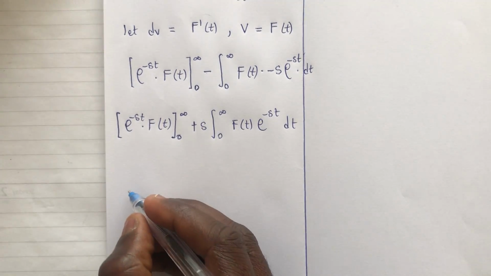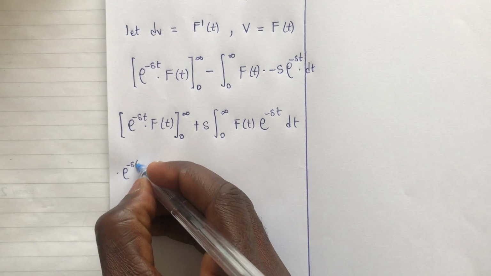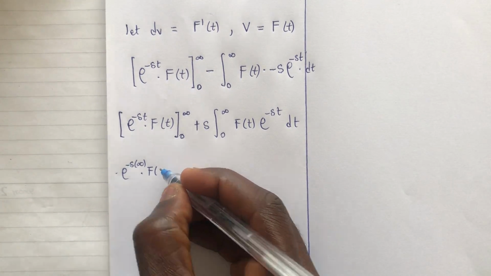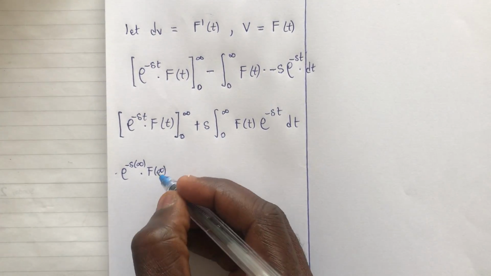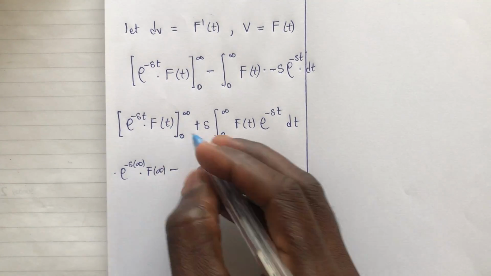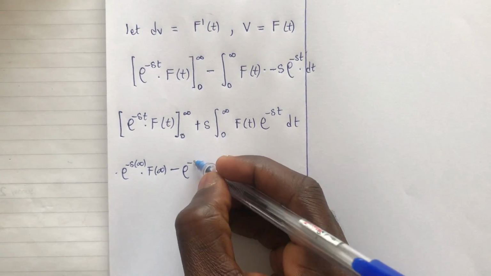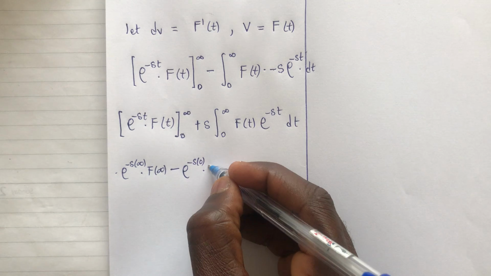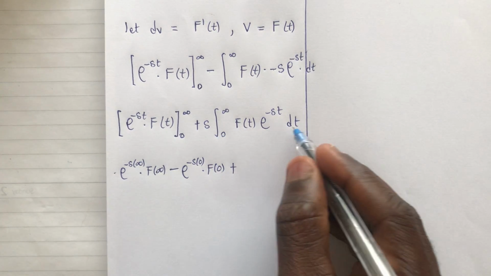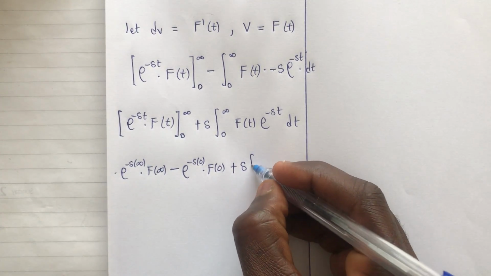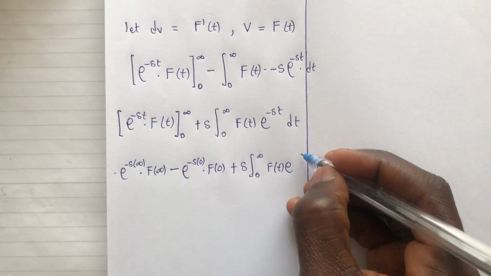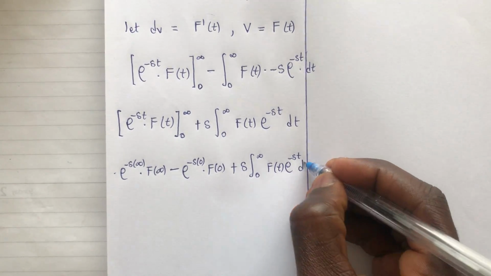So now this becomes e to minus s into infinity times f of t, t representing the upper limit, you close bracket, minus, we input our lower limit, the same result, e to minus s of 0 times f of 0, then plus, we continue the remaining function, s integral 0 to infinity f of t e minus st dt.